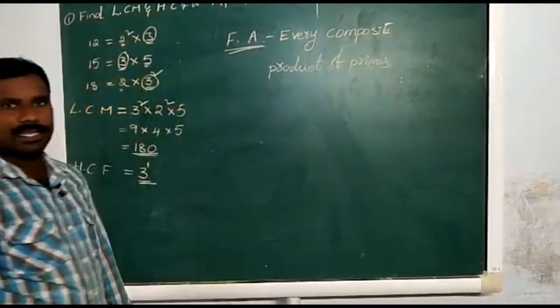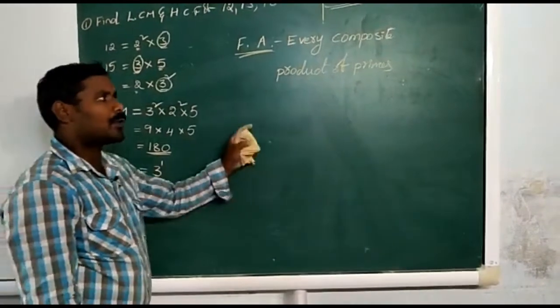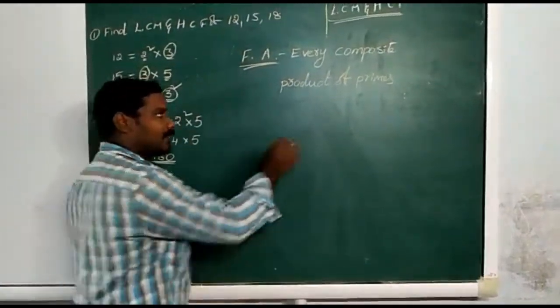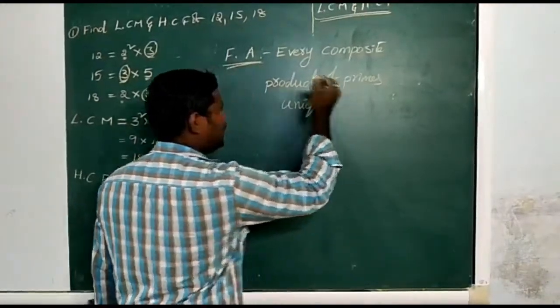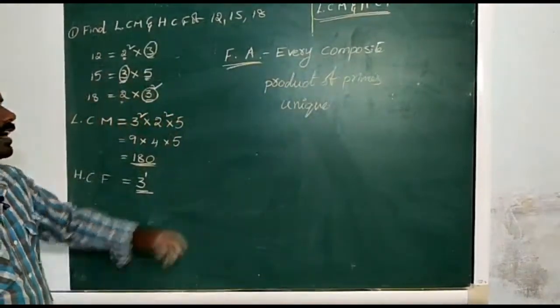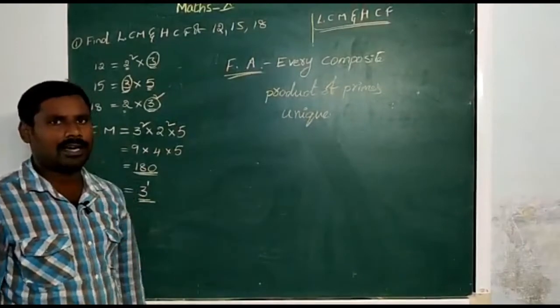Every composite number can be expressed as a product of primes, and its factorization is unique. This is called the fundamental theorem of arithmetic.